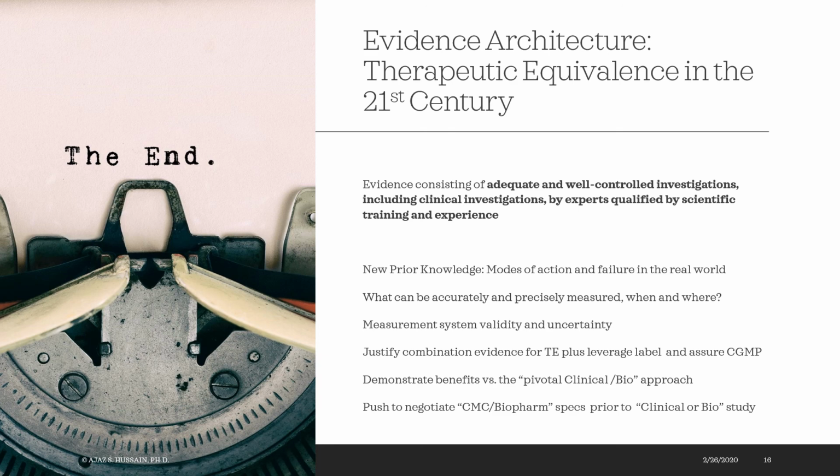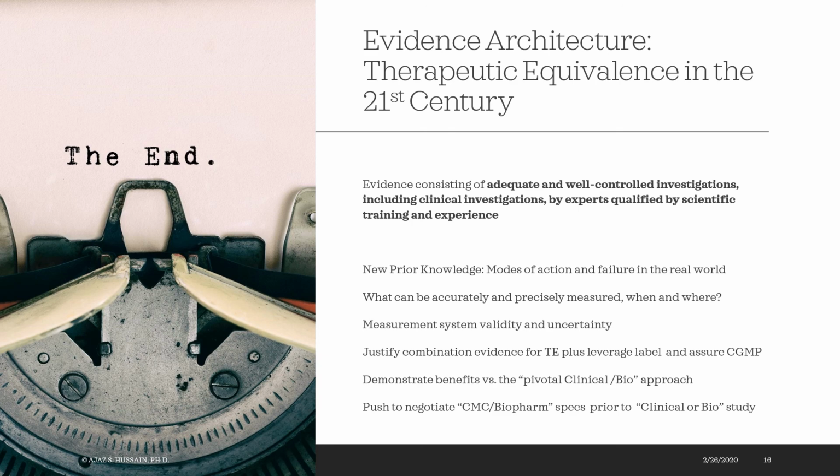We have to, in our communications to regulators, demonstrate the benefit of the weight of evidence or totality of evidence versus the old way of doing things such as pivotal and bio approach. Demonstrate why this is superior. This is important for building consensus.